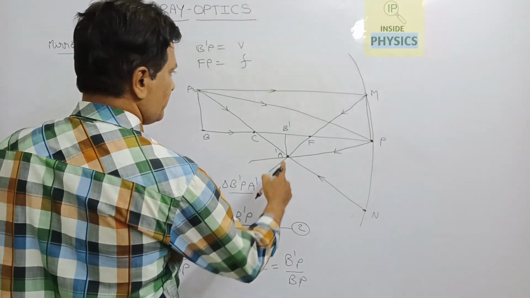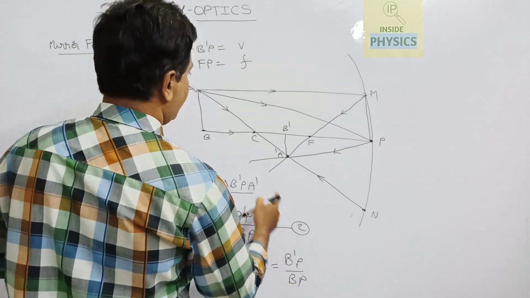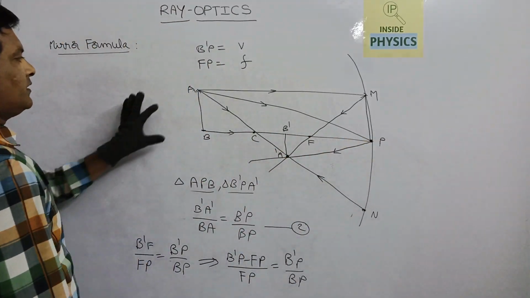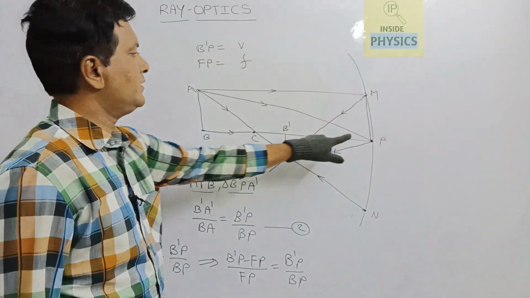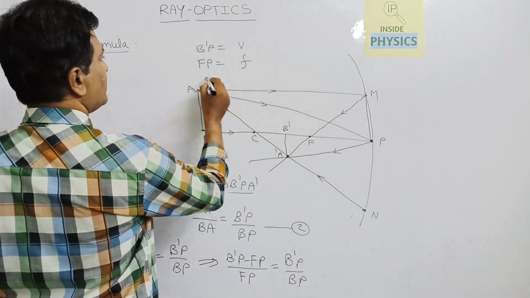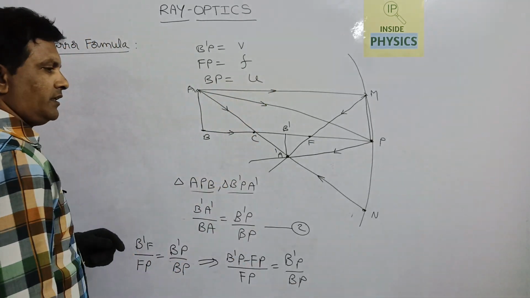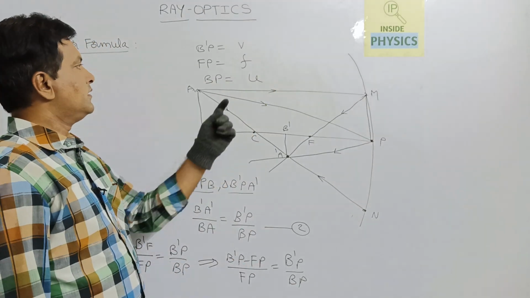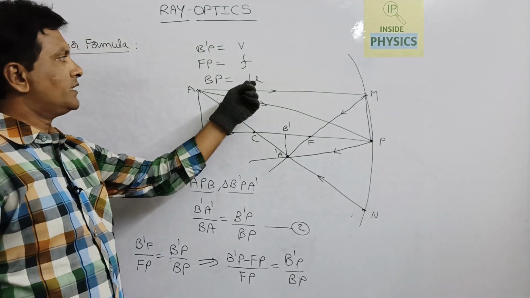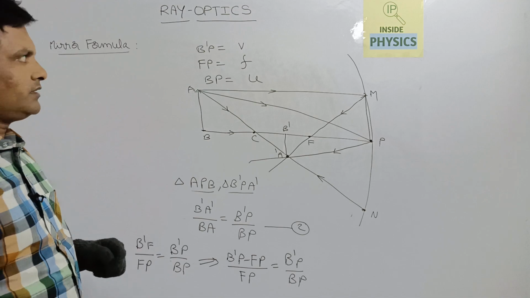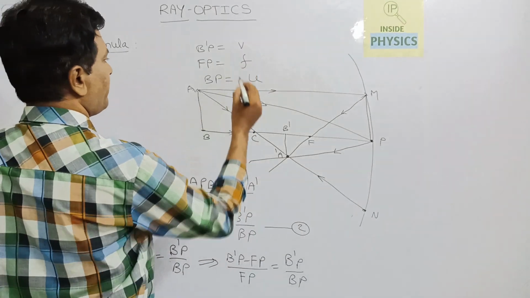What is BP? If you observe this as the object, BP is the object distance u. Here in ray optics, object distance is represented with u and image distance with v.